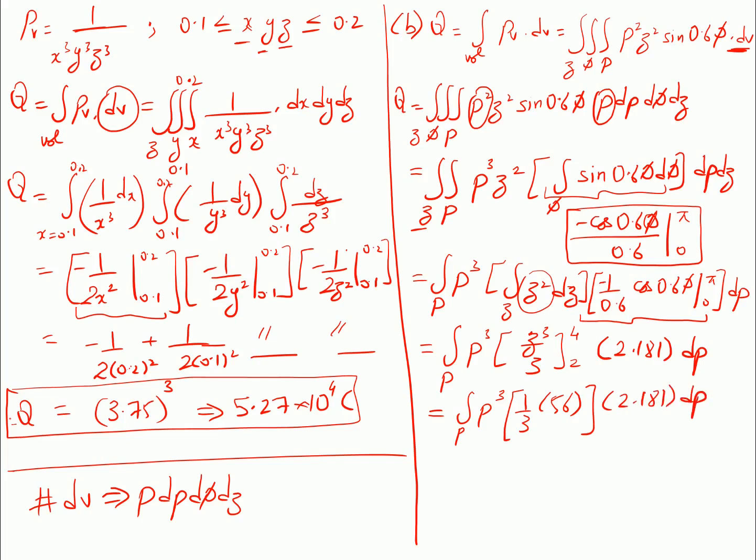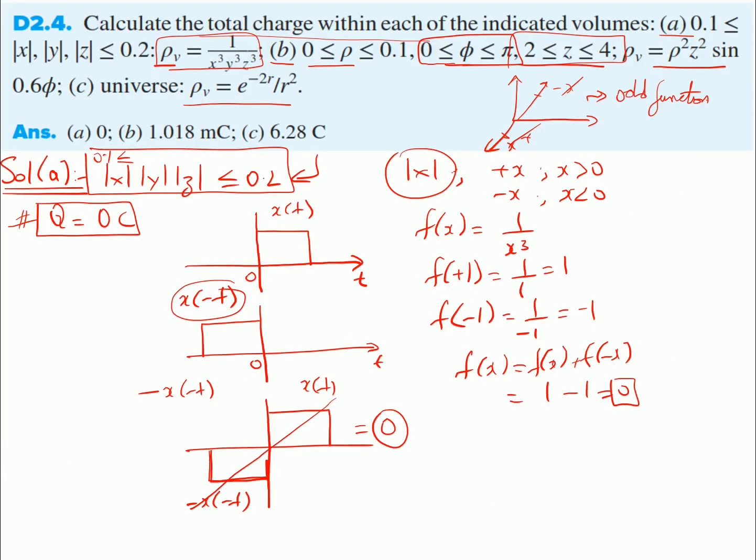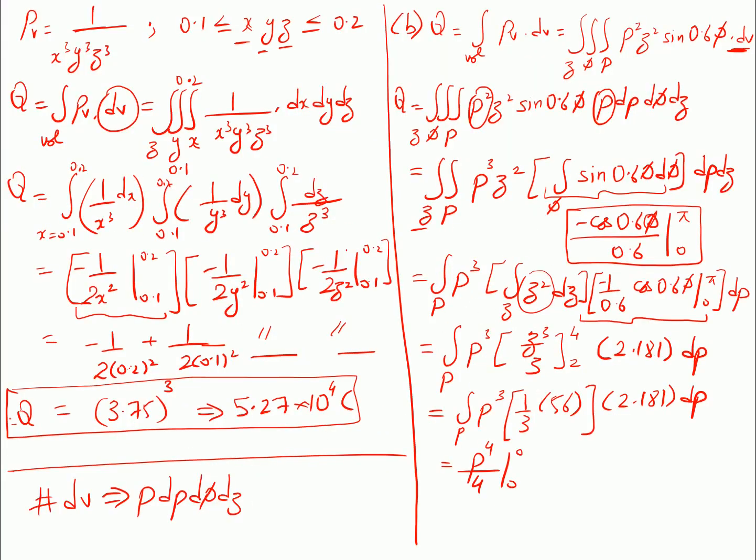Now if I integrate rho, rho cube will become rho 4 by 4, so it will be 1 by 4. So it is going to be rho 4 by 4 with the limits of 0 to 0.1.